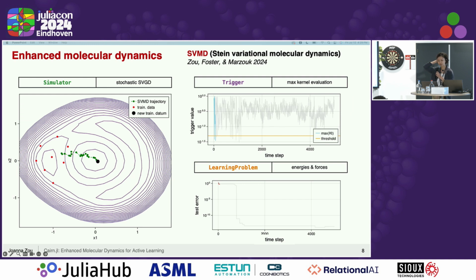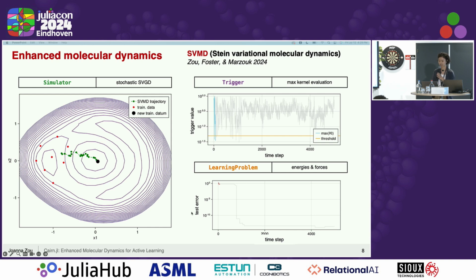Finally, Cairn is home to a novel active learning algorithm that we're currently developing called Stein Variational Molecular Dynamics, or SVMD. And it works by introducing repulsive biasing forces that drive the trajectory away from the existing training set to encourage diversity in the resulting dynamics.